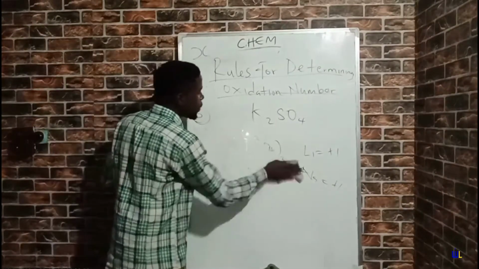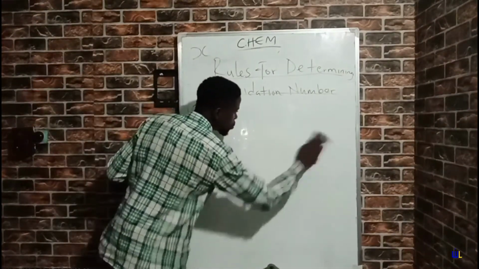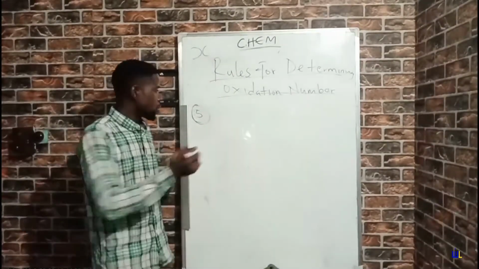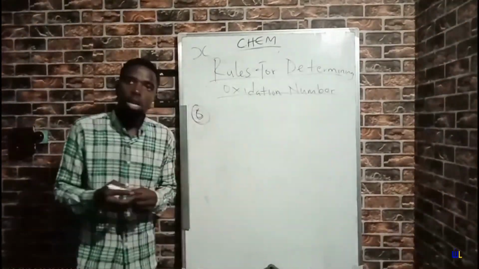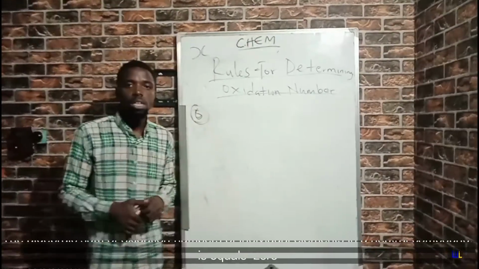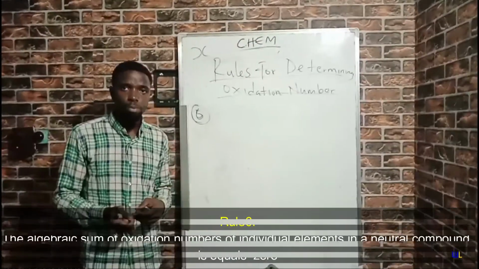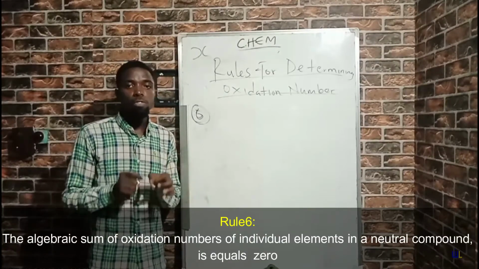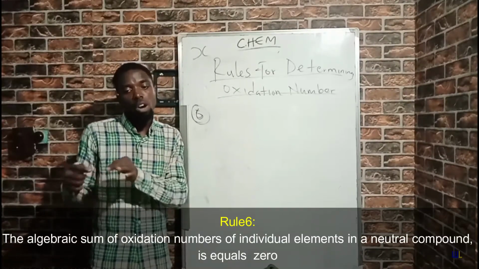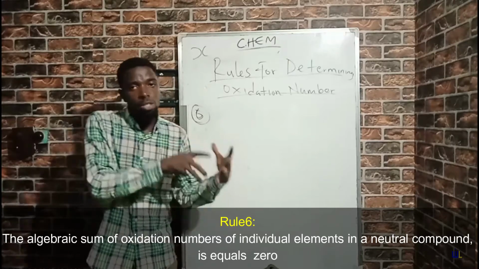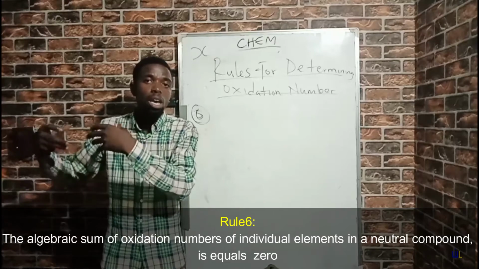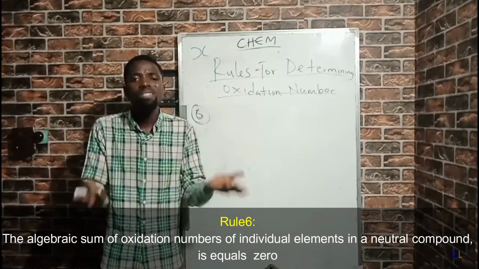What is rule number 6 trying to tell us? The sixth rule is this: the algebraic sum of oxidation numbers of individual elements in a neutral compound equals 0.